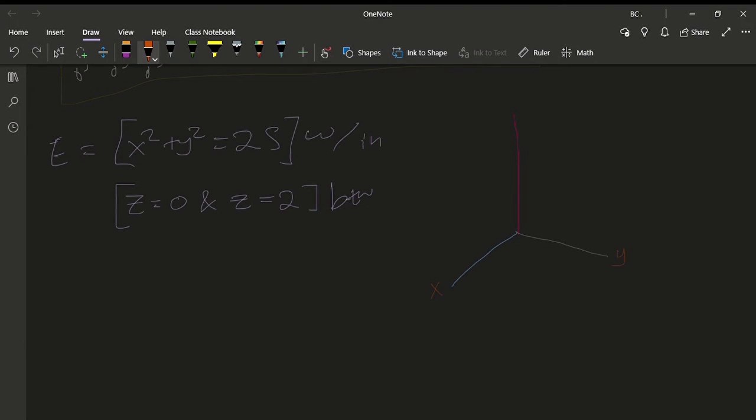X, Y, Z. So we want to be within this x squared plus y squared equals 25 cylinder. So all you have to do is make a circle. It doesn't have to be great.